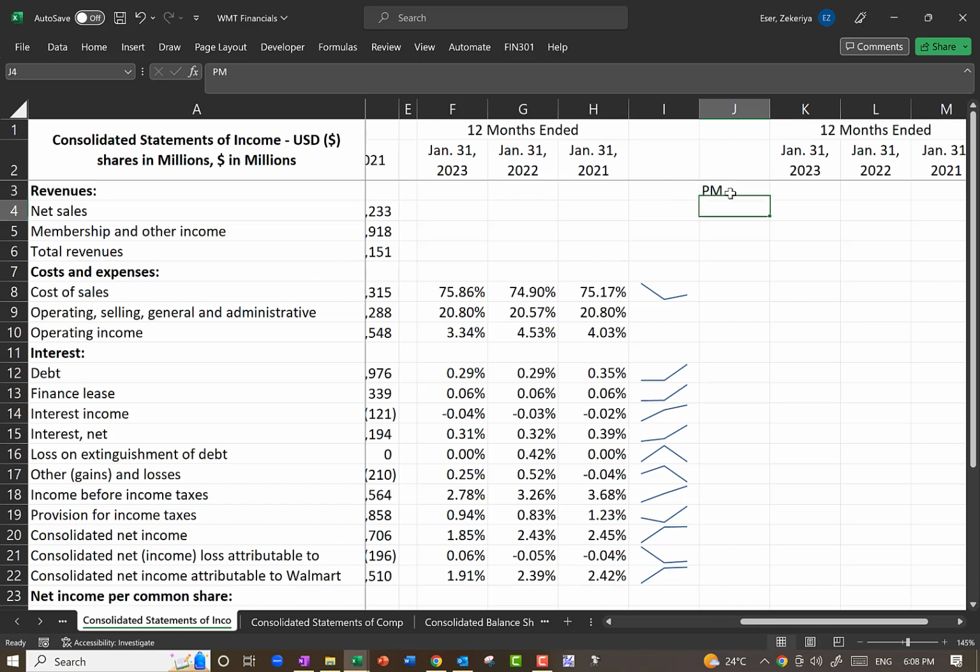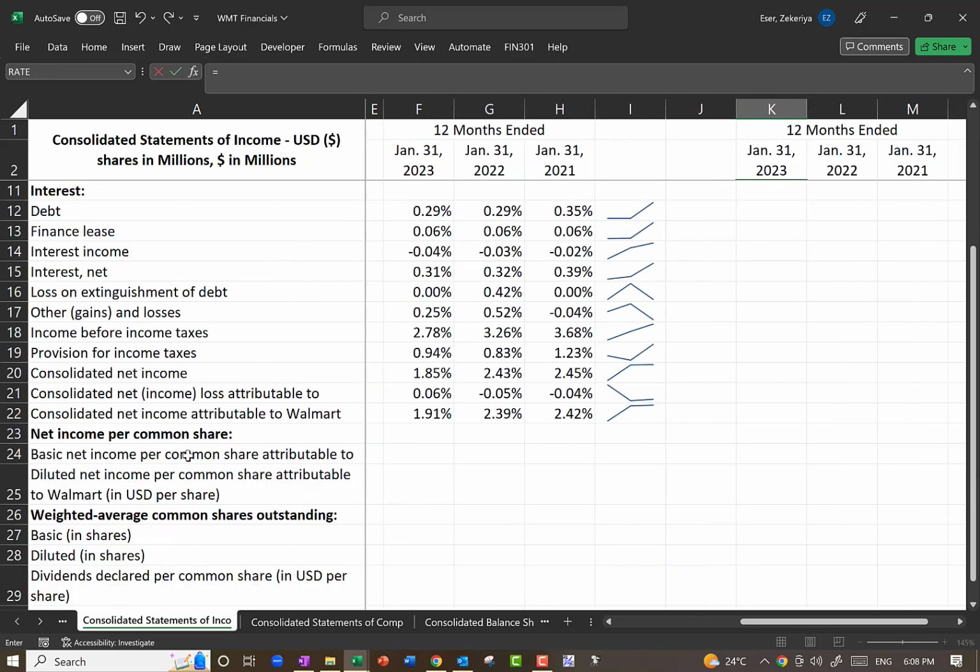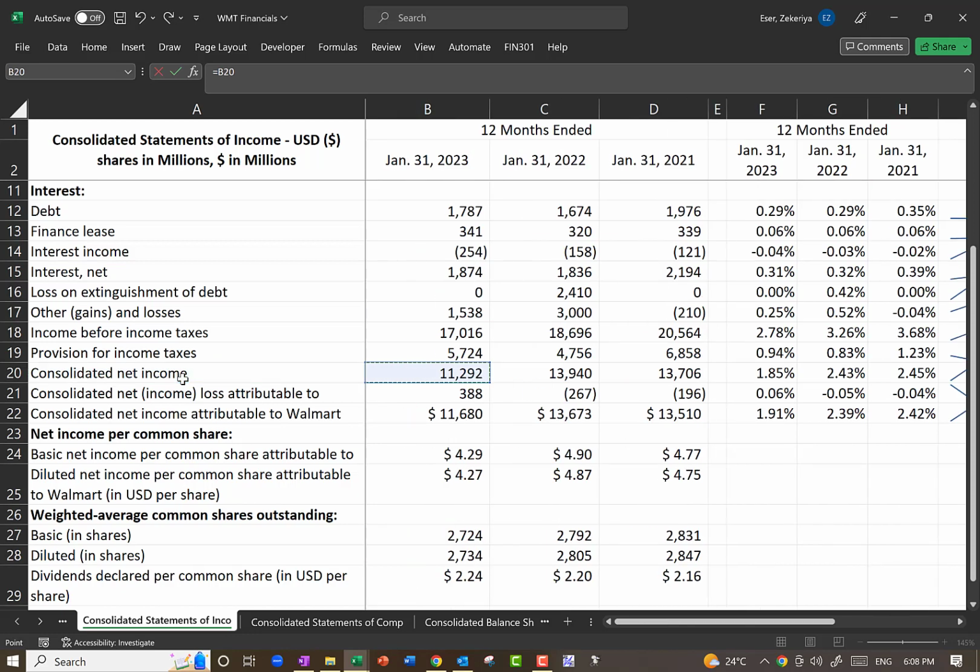Let's calculate PM first. Net income and total sales are both in the income statement, so all I have to do is find net income, and you should be using, for this purpose, consolidated net income, because you don't take minority interest out of the sales number.